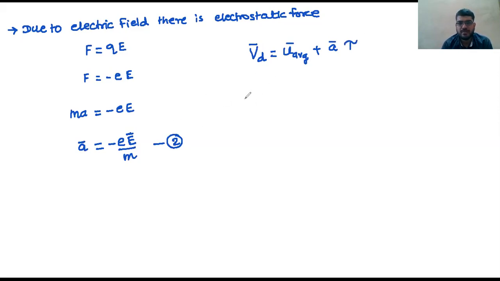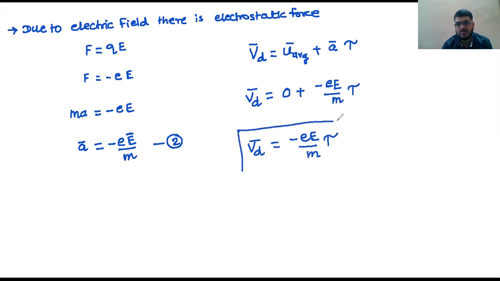We want to find VD bar. U average is already 0. Plus a bar, which is minus eE by m, into tau. Therefore we get VD bar is equal to minus eE by m into tau.